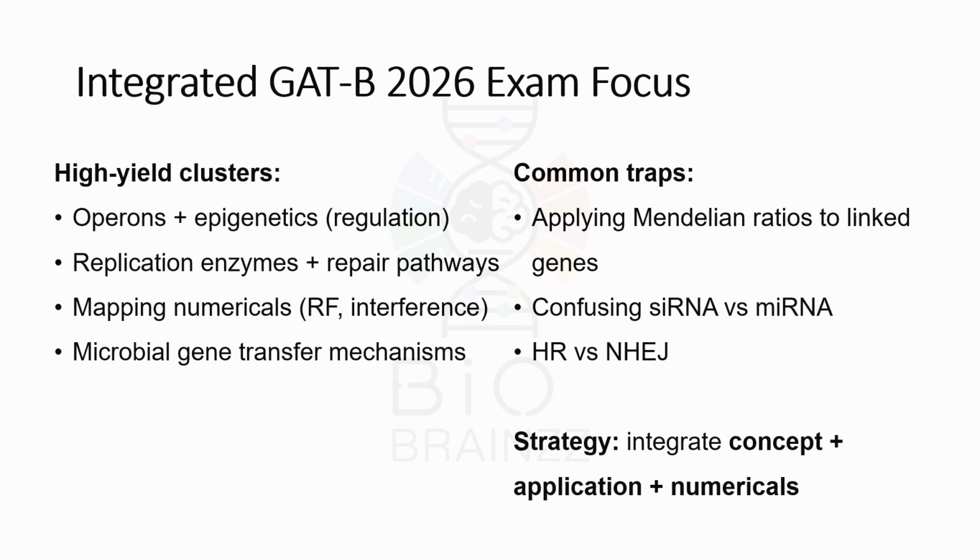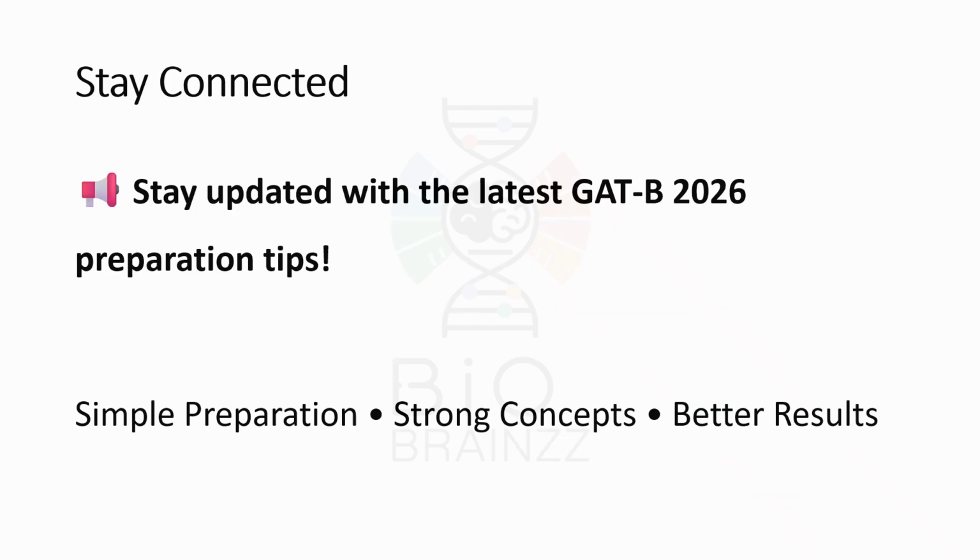Common mistakes include applying Mendelian ratios to linked genes, confusing siRNA with miRNA, and mixing up homologous recombination with non-homologous end joining. The correct strategy is to integrate concepts with application and practice numericals regularly. This unit requires strong conceptual clarity rather than memorization.